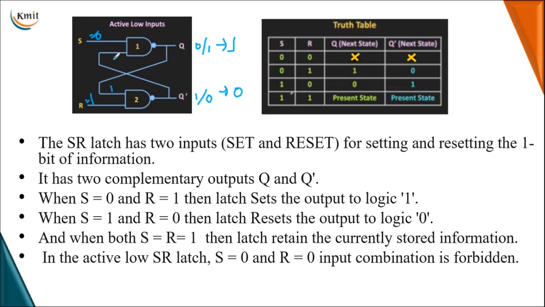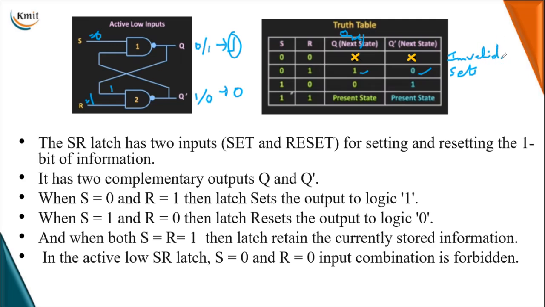And if this 0 is transferred, you obtain your set state: 0, 1. The next state Qn plus 1 is equal to 1 and your complemented state is equal to 0. So this state is defined as the set state, and the above state is defined as the forbidden or invalid state.